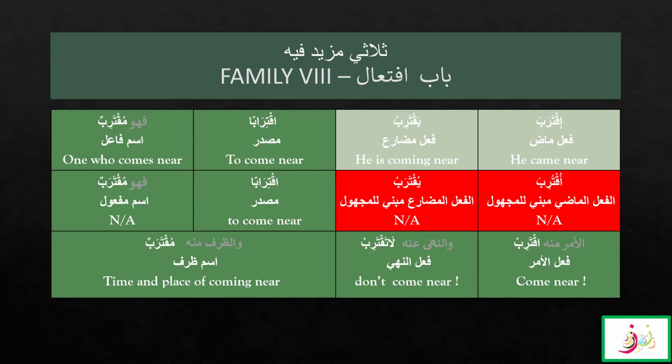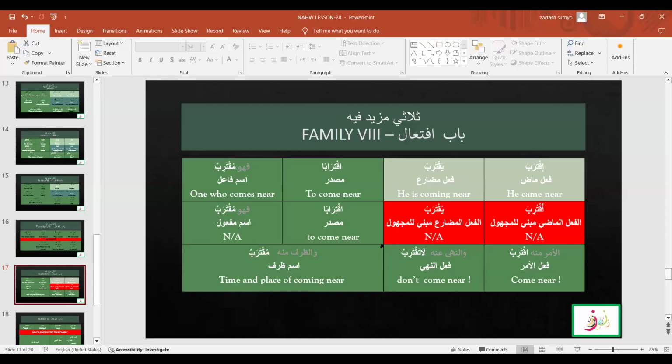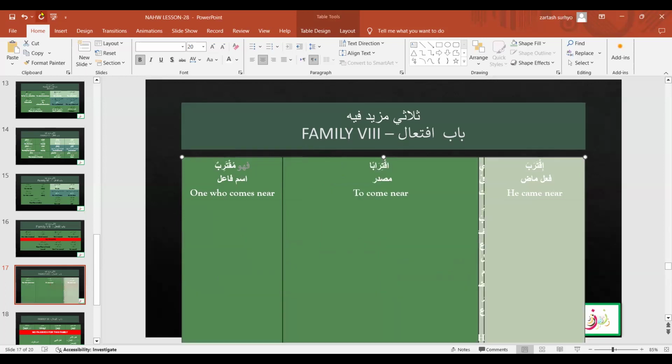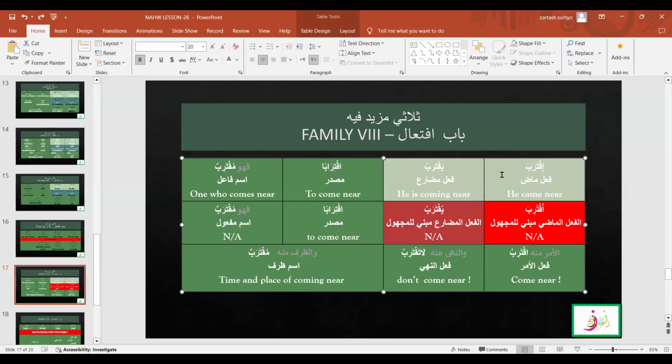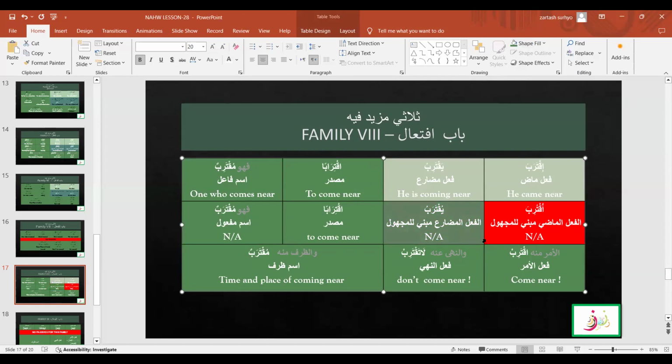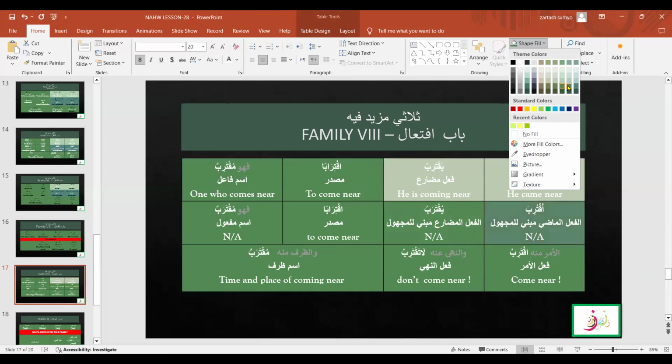You can do the saf sagi, saf kabir chart for these families. Let me change the colors for these families. So here we can do the charts for these families, inshallah.